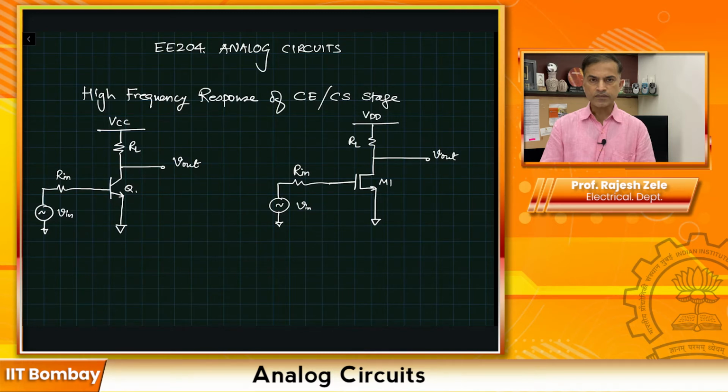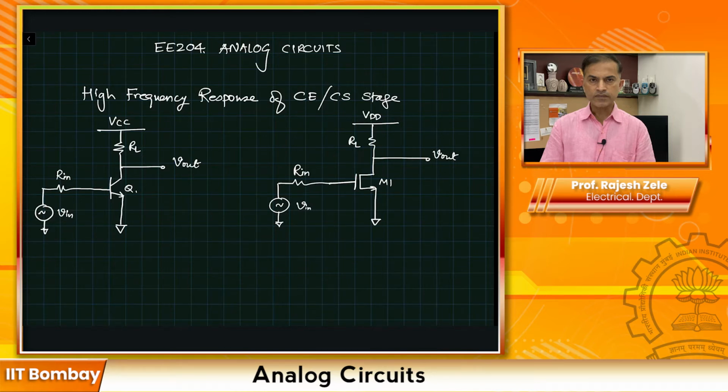The Rn is representing the previous stage output resistance, and I'm not showing the bias voltage which is part of Vn, to make sure that the transistor Q1 is in forward active region or transistor M1 is in the saturation region.